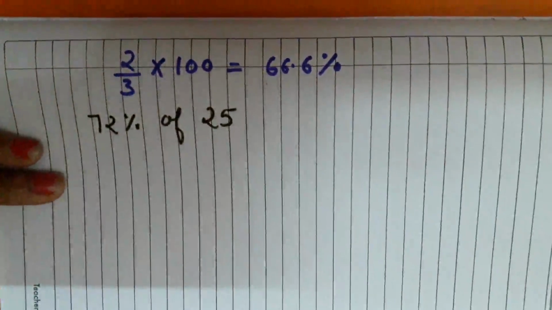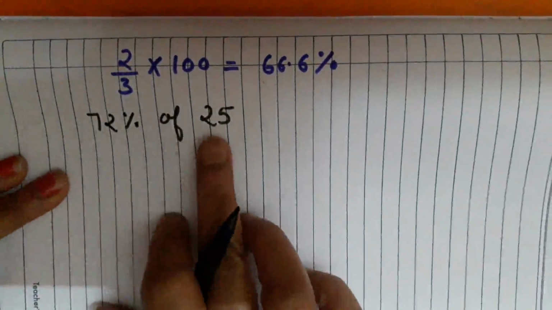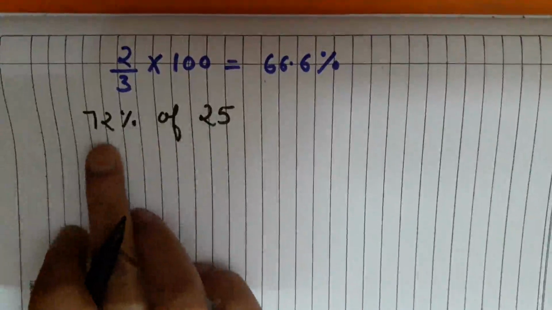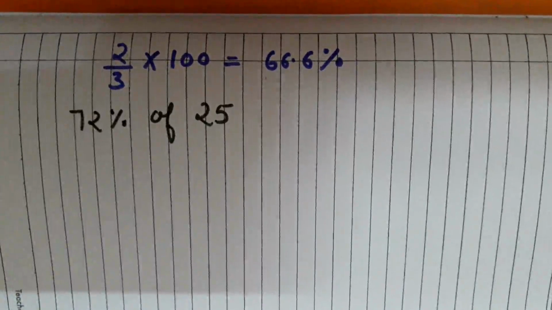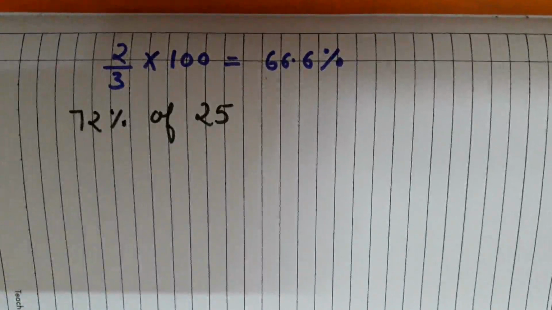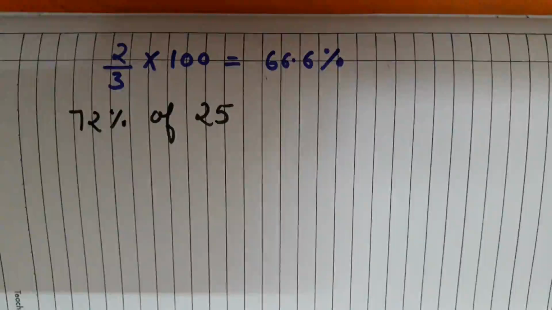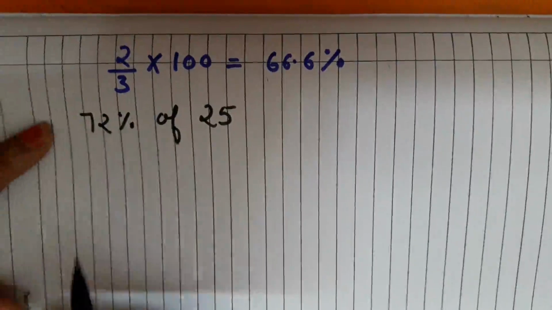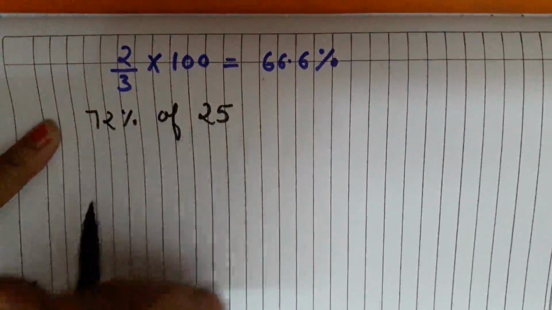So in a class there are 25 students, and from those 25 students, 72% are going for that trip. Now we need to calculate, out of 25, in numbers how many students are going for the trip. So we need to calculate 72% of 25.